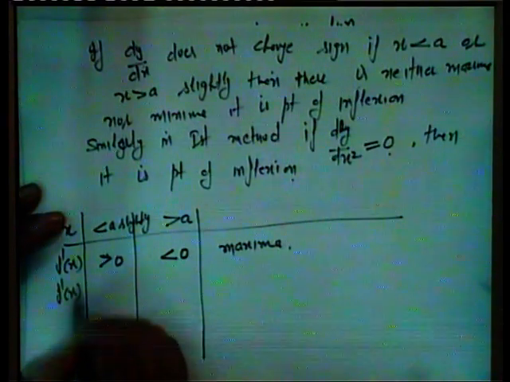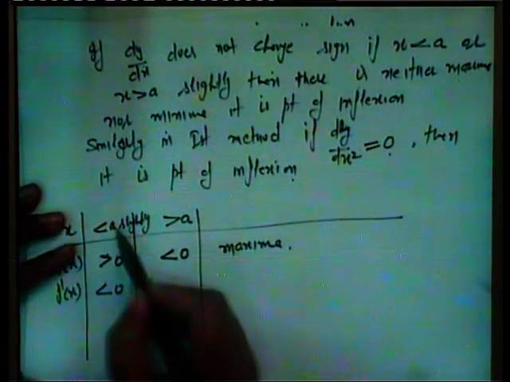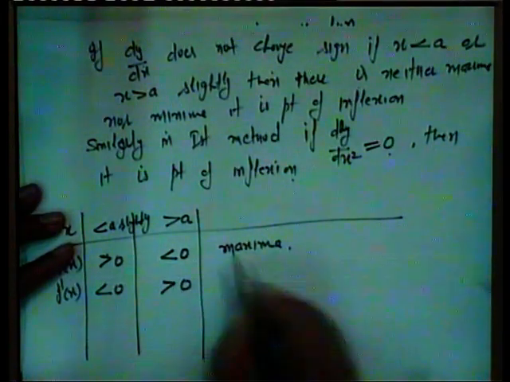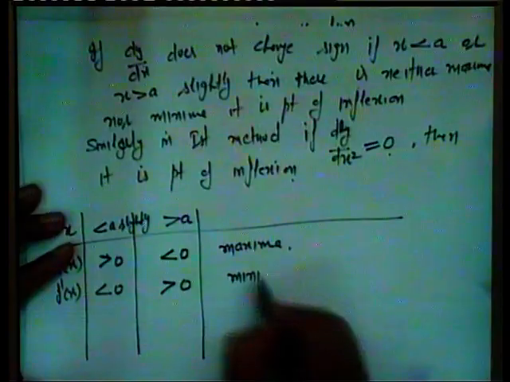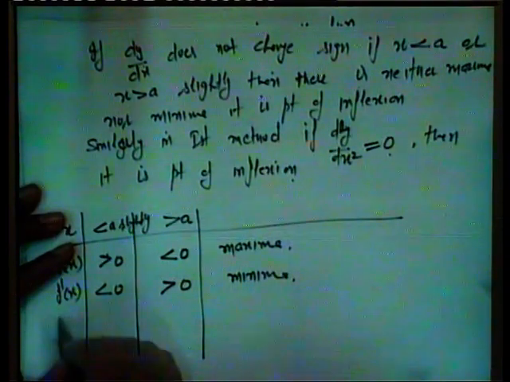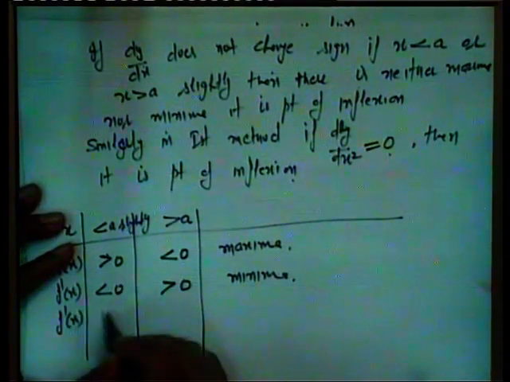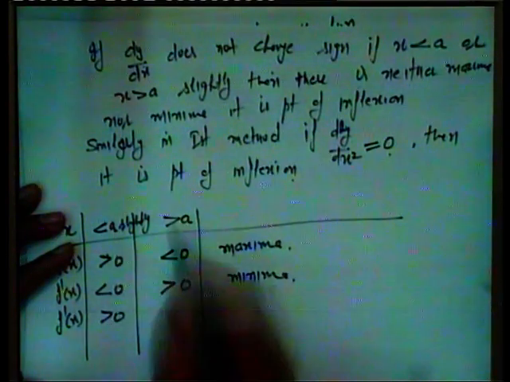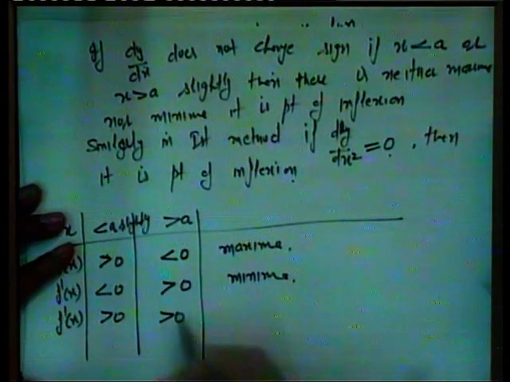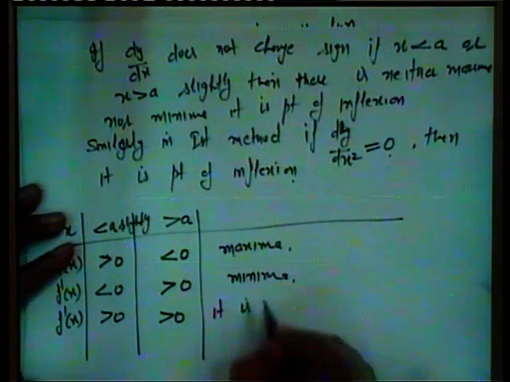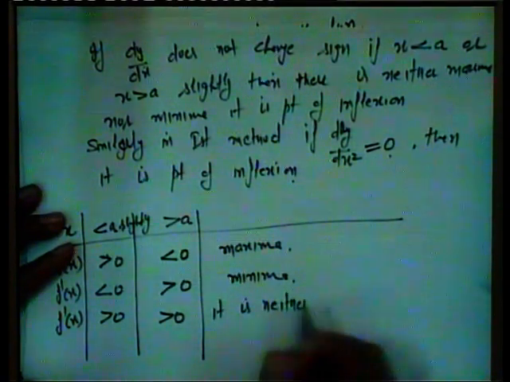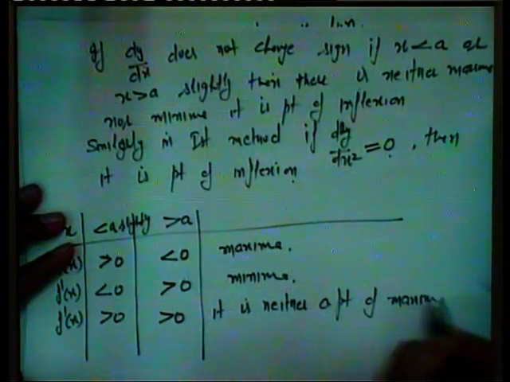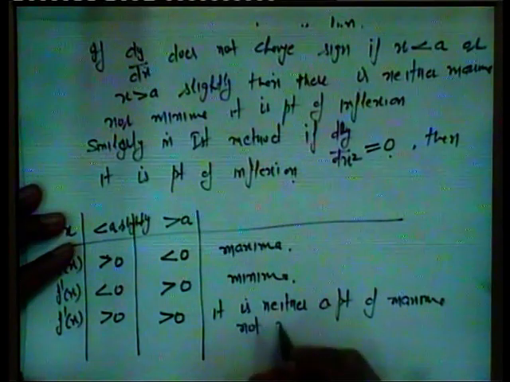If f dash x is negative for less than a slightly and positive for greater than a slightly, then there is a point of minima. If f dash x is positive for less than a slightly and also positive for greater than a, then it is neither a point of maxima nor minima.